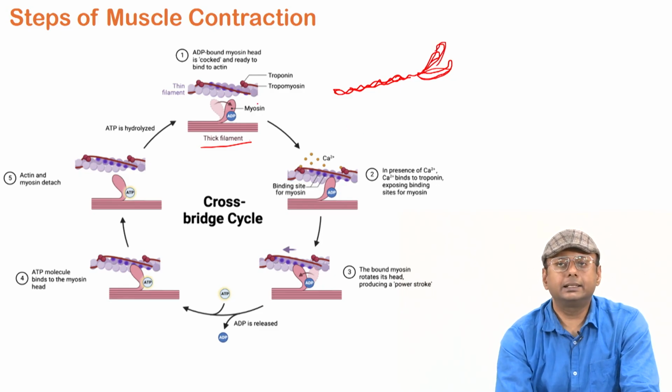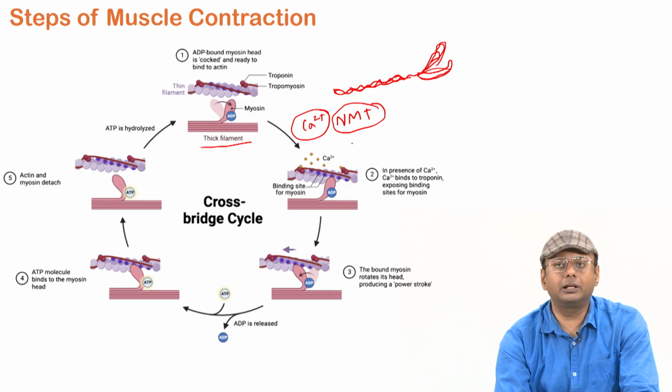So, you can see that in the first step, there is a release of calcium. How it is generated we will discuss in the next class, but just remember that neuromuscular transmission happens. During the process of neuromuscular transmission, calcium is released by the sarcoplasmic reticulum, and as we said, this calcium binds to the troponin, causing a conformational change.